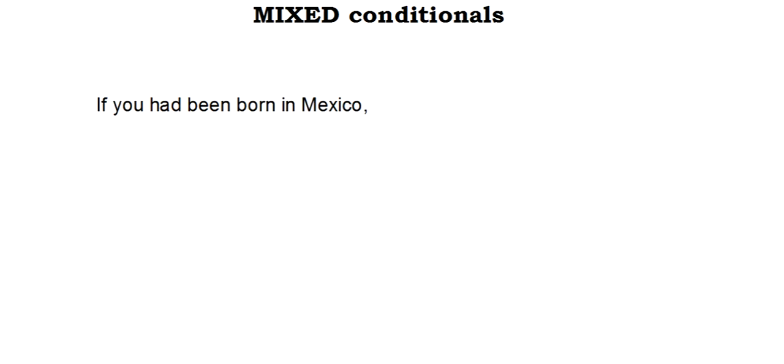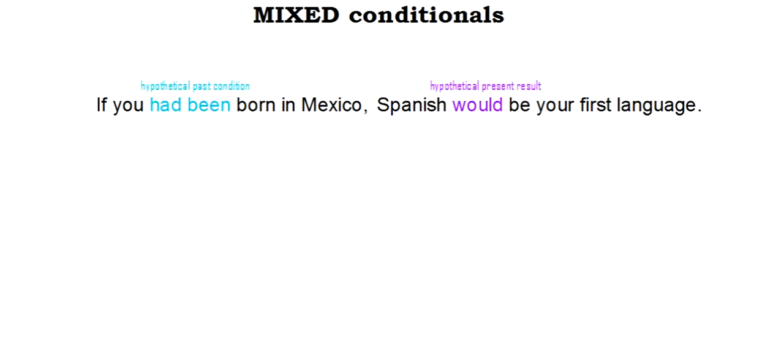And we're going to combine it with a result clause in the present. There's nothing wrong with this sentence. If this person had been born in a different country in the past, there would be a difference today in the way they speak. I have a hypothetical past condition and a hypothetical present result.